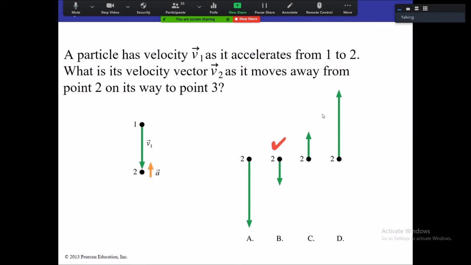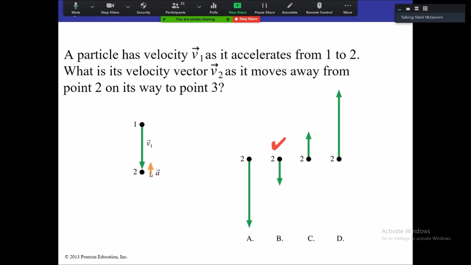Okay. Now, A is wrong, right? A is just wrong because A indicates speeding up and the acceleration vector doesn't work. What about C and D? I'll tell you what, C and D are not technically wrong because this acceleration vector has a somewhat arbitrary length to it.